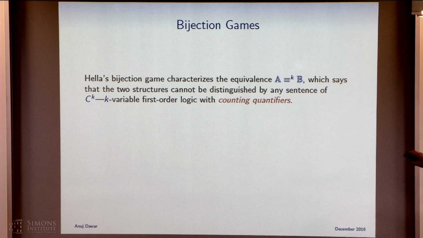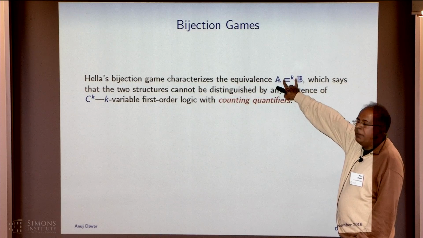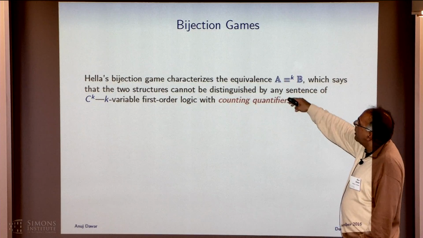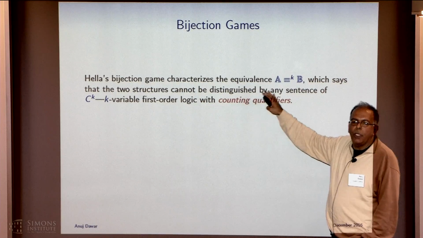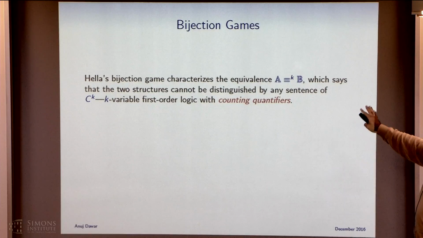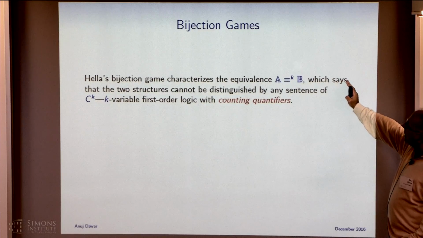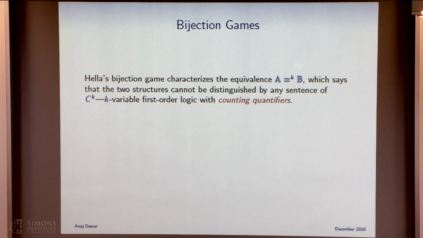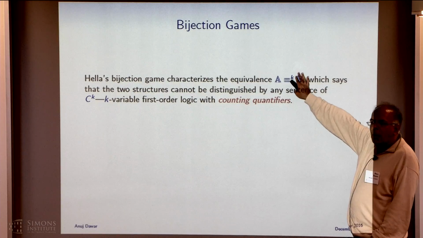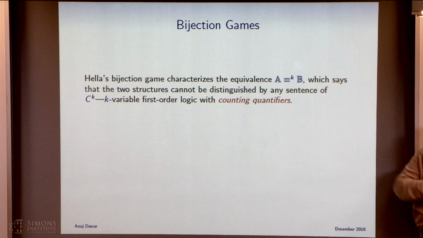Hella's bijection game characterizes an equivalence relation, which I call K-equivalence, which says that two structures can't be distinguished by any sentence of K-variable first-order logic with counting quantifiers. It was of independent interest, and Hella introduced the bijection game for analyzing certain fixed point logics with counting. Here, this equivalence just falls out as the notion of isomorphism in the category of strategies we defined.